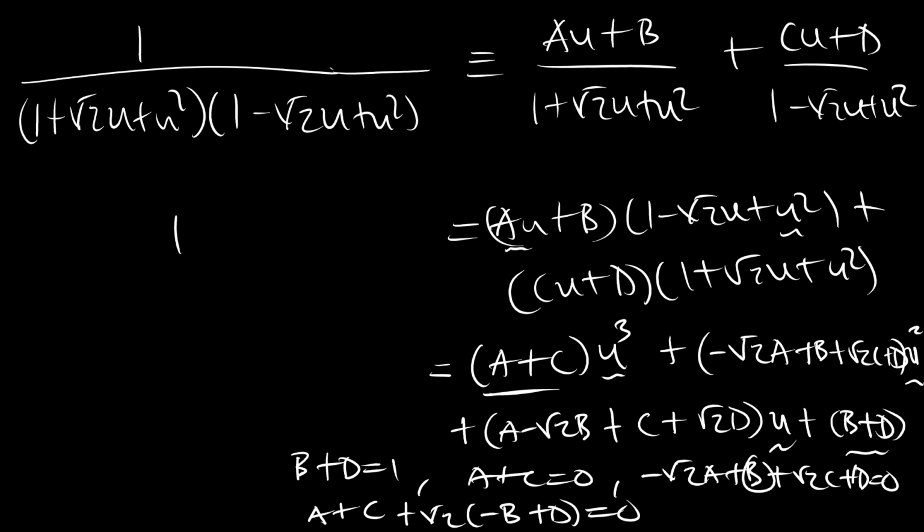So this and that equals 1 from this, and from here we have A is equal to negative C.